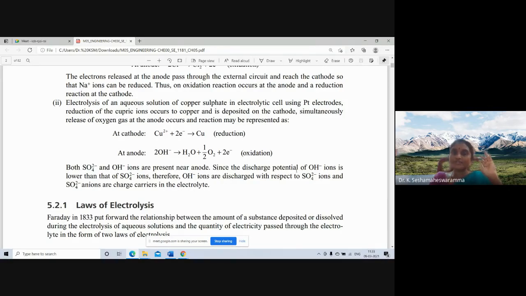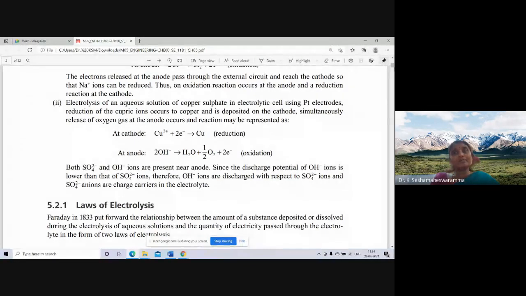The discharge potential of OH minus ions is lower than that of sulfate ions, so having a lower discharge potential, it can be easily discharged. So OH minus ions are discharged with respect to sulfate ions, and sulfate ions are charge carriers in the electrolyte.